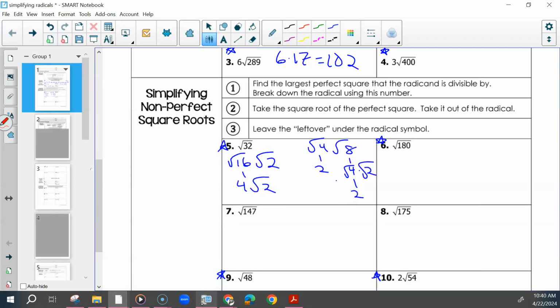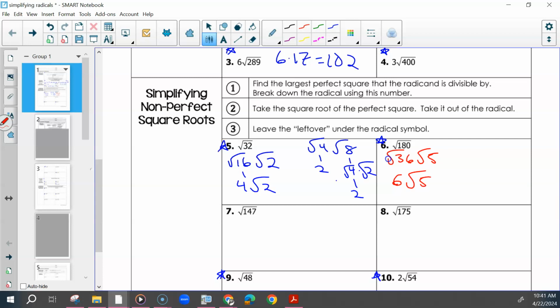Where did you get the 45? You divide it by 4, but 36 would be higher. So you could go with a lower number, but then you have to break it down more. There's more steps. So if we do 36 and 5, the square root of 36 is 6. And that would just be 6 times the square root of 5.